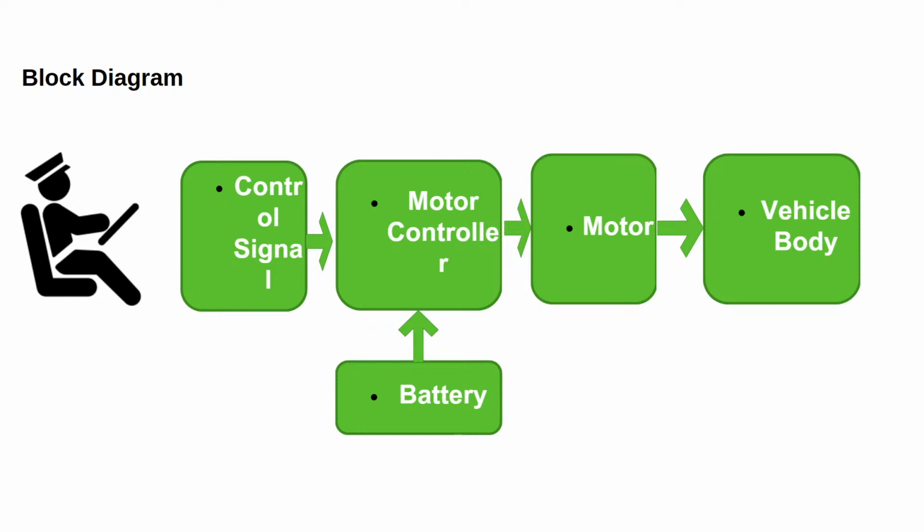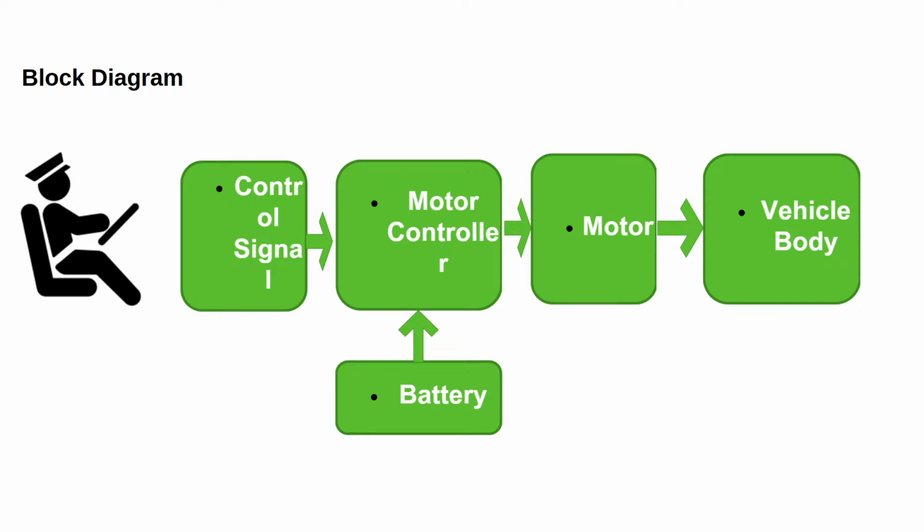Here the motor controller receives the control signal from the vehicle's control system, which includes the input of the accelerator pedal and brake pedal and other sensors such as the wheel speed sensor. Based on these signals, the motor controller adjusts the power supply to the electric motor to control its speed, torque and direction of rotation.